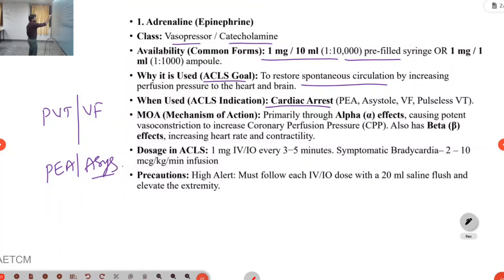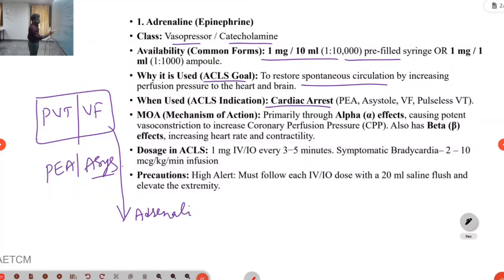First we will see the shockable rhythms of cardiac arrest. After performing the second defibrillation, you need to give the drug adrenaline. The dosage of adrenaline, as we have already discussed, is 1 ml, 1 mg, 1 in 1000 dilution.